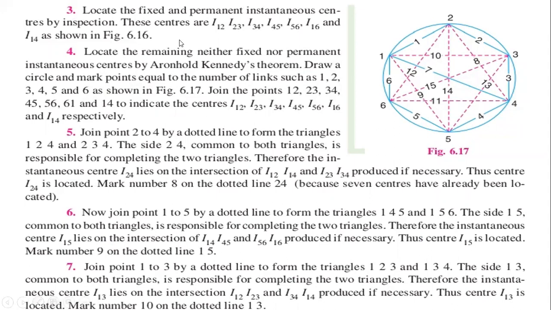Then we locate the remaining centers, which are neither fixed nor permanent, by Kennedy's theorem. In Kennedy's theorem, we fix them using a circle diagram. We draw a circle with a suitable scale, and then locate all the remaining instantaneous centers.